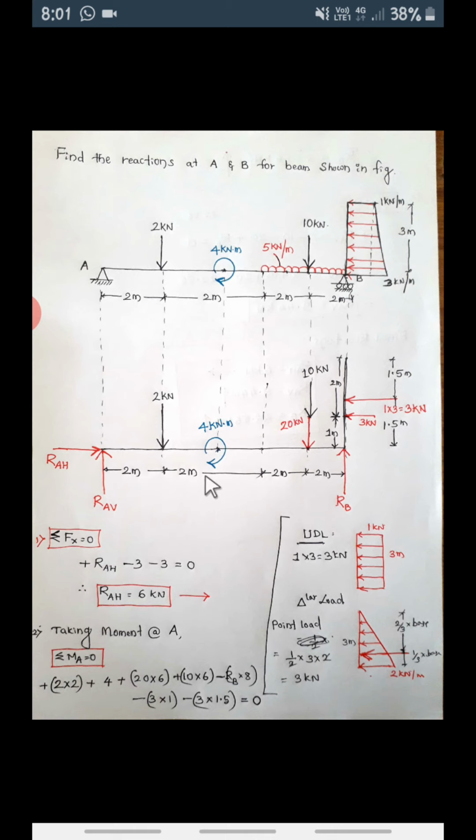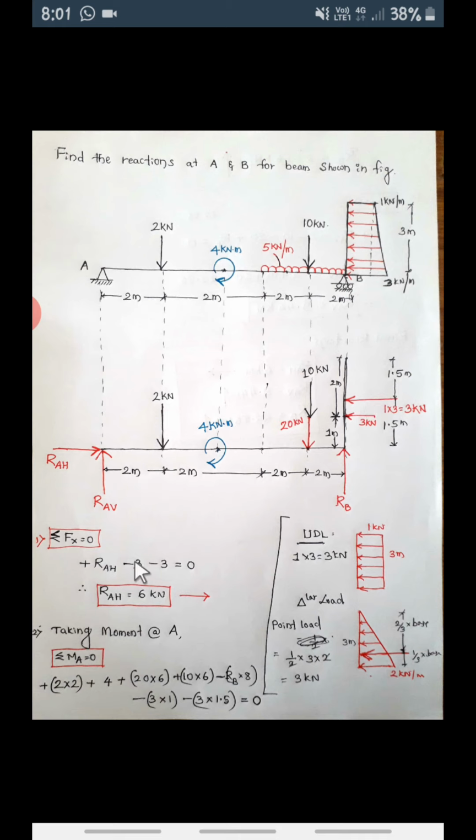Once the free body diagram is drawn, next use the equations. So let us use summation Fx equal to 0. All the horizontal forces are equal to 0. How many horizontal forces? 1, 2 and 3. So there are 3 horizontal forces.